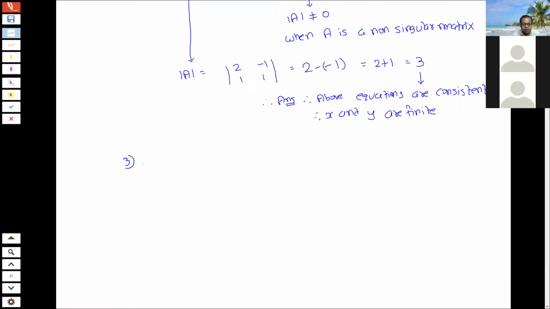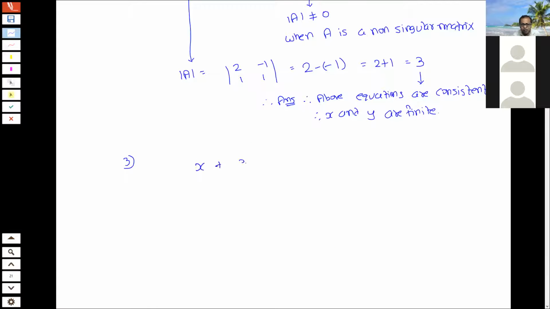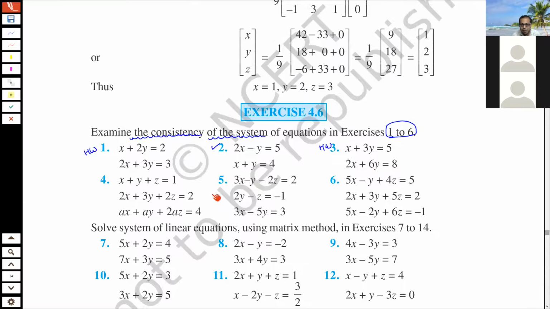So let us solve question 3. Given equations are x plus 3y equals 5 and 2x plus 6y equals 8.